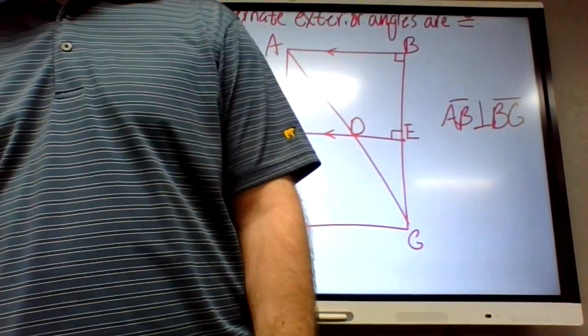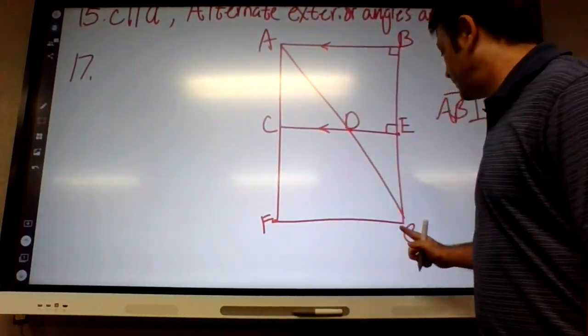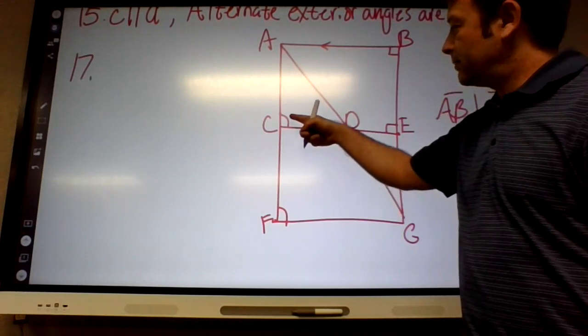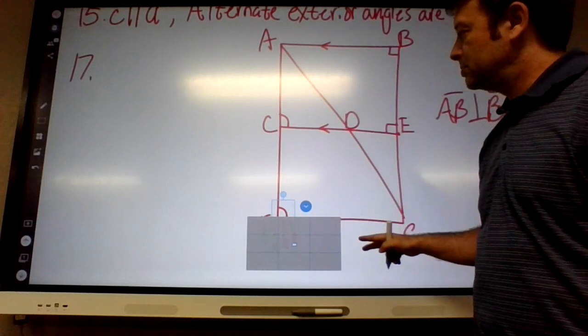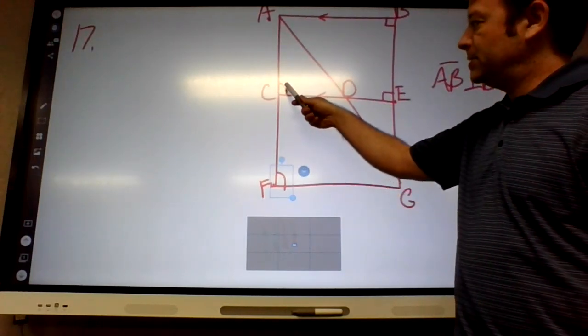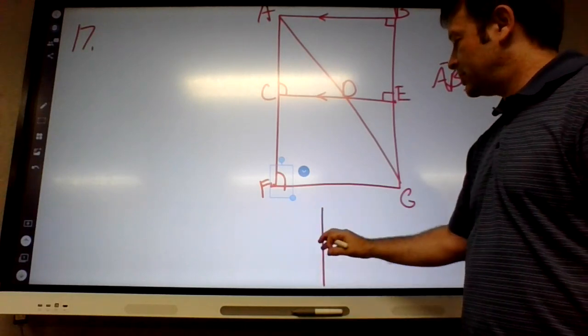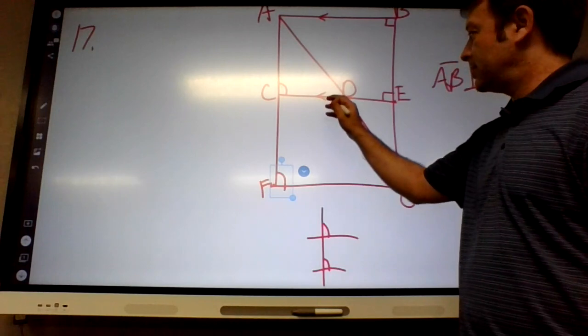It also says angle GFC and ECA are the same. So GFC, this one, and ECA. If these angles are equal, what kind of angles are these? Corresponding. If the corresponding angles are equal, then these two lines are parallel.